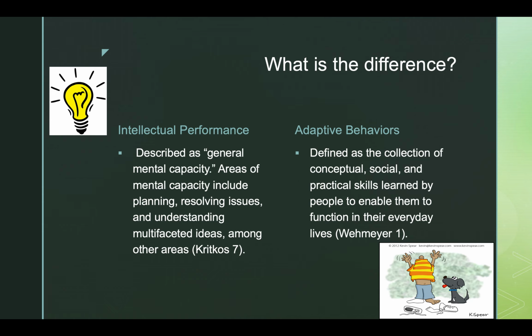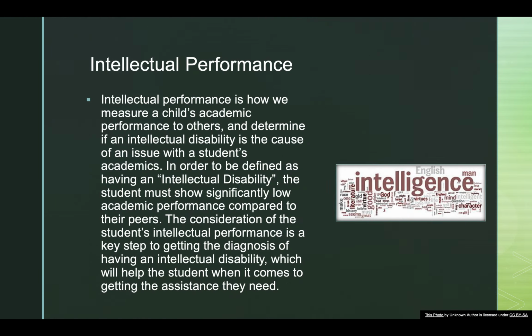So, what this means is that in general, intellectual performance has more to do with the academic performance of a student and whether or not they're able to perform on task with their peers in a classroom setting, and adaptive behaviors has more to do with general abilities that help a child get through their daily lives, like being able to get dressed in the morning, be able to cook for themselves, to clean up their area, to be able to brush their teeth, brush their hair, and certain things that may come more naturally to a student without an intellectual disability versus with.